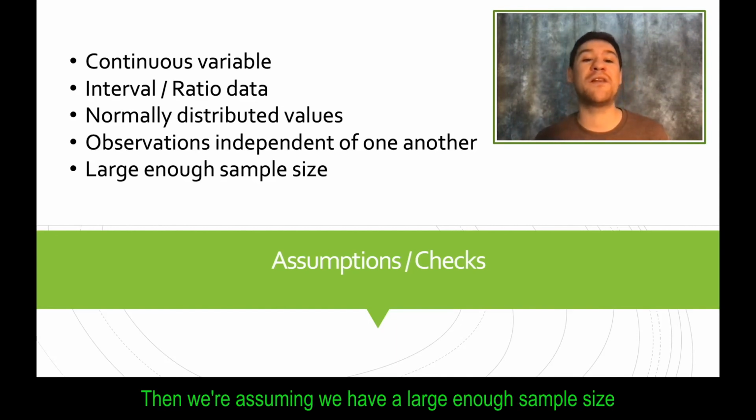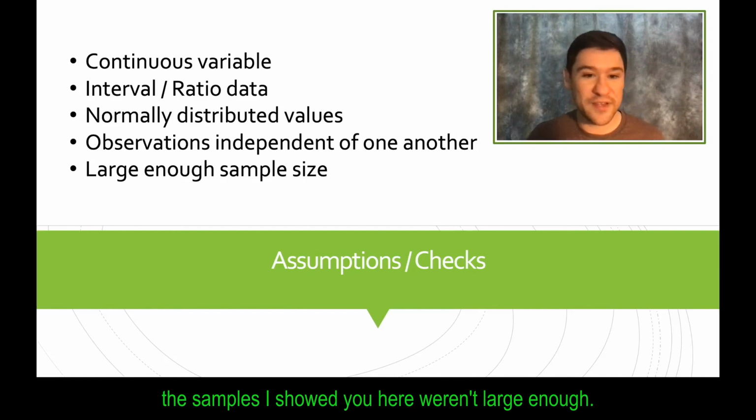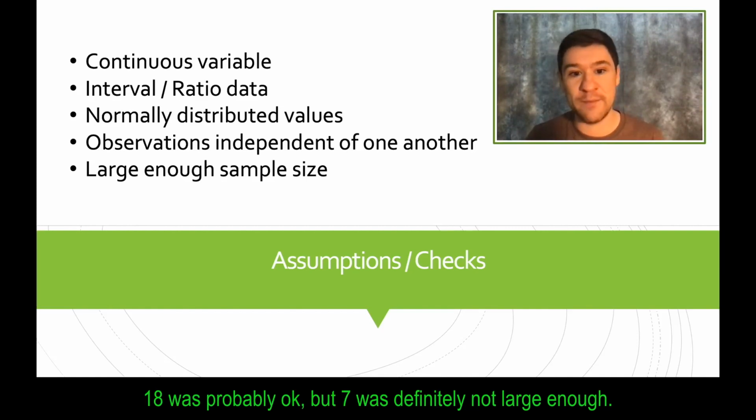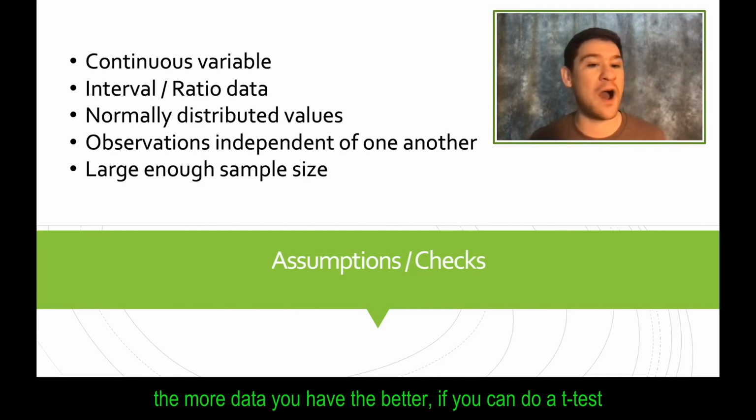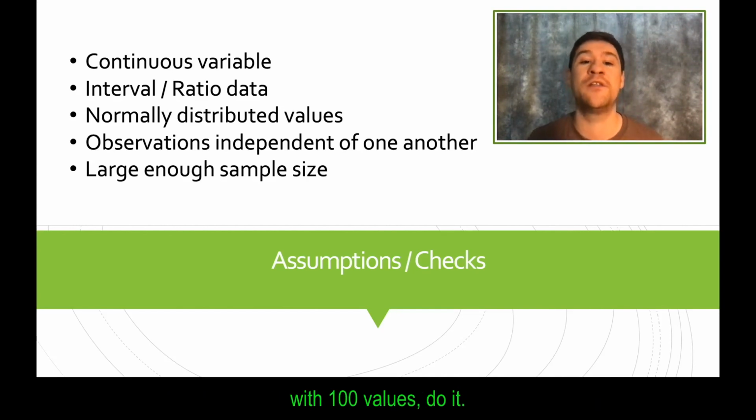Then we're assuming we have a large enough sample size. The samples I showed you here weren't large enough. 18 was probably okay, but 7 was definitely not large enough. Asking what is a large enough sample size is a difficult question. The more data you have, the better. If you can do a t-test with 100 values, do it.